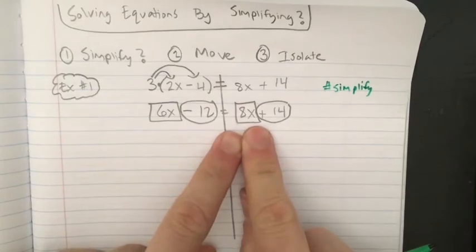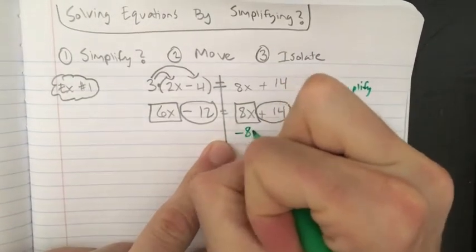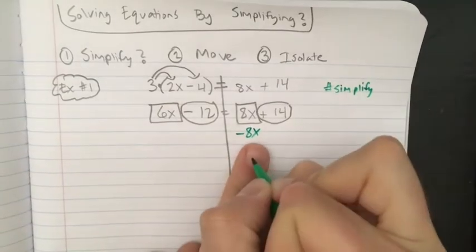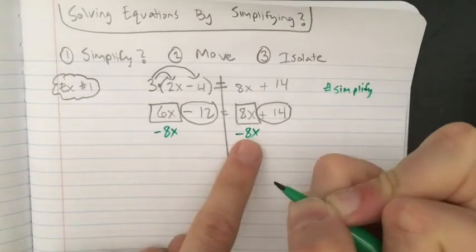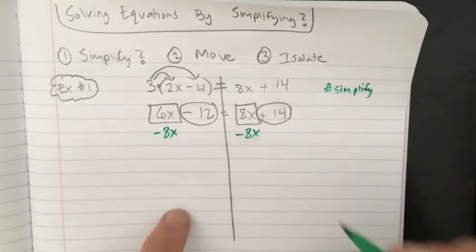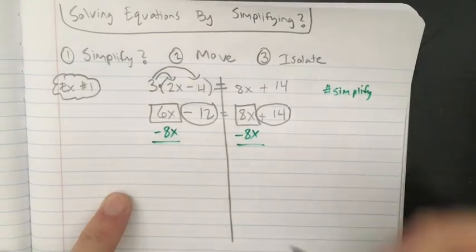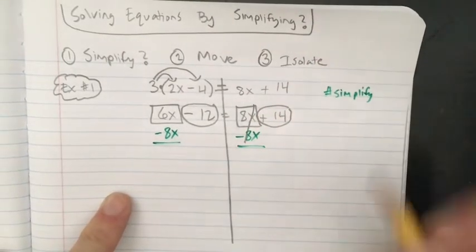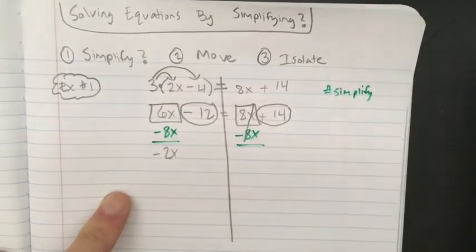So we're going to move 8x. That's a positive 8x. So I'm going to move it with a negative 8x. Anything I do to one side, I'm going to do to the other. So x's go with x's. And then I'll just do that math. So 8x, take away 8x, that makes this go away. 6x minus 8x makes negative 2x.